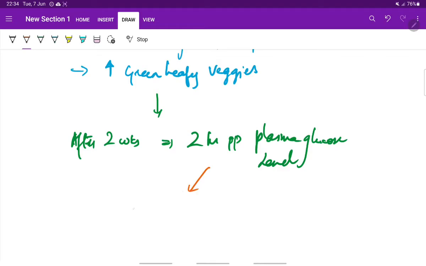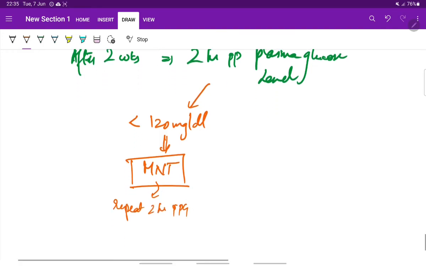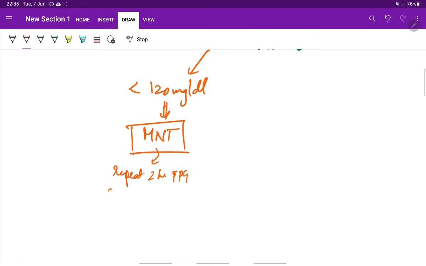If the postprandial blood glucose comes under 120 milligram per deciliter, then the meal plan can itself be followed, the medical nutrition therapy is still continued, and the repeat 2-hour postprandial glucose levels should be taken after every 4 weeks until delivery.